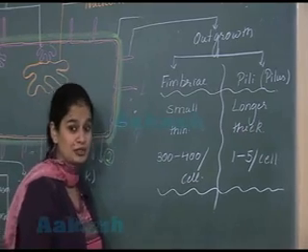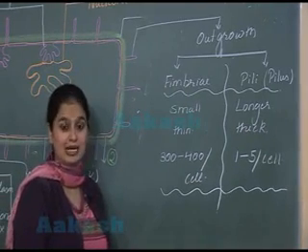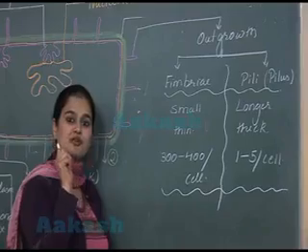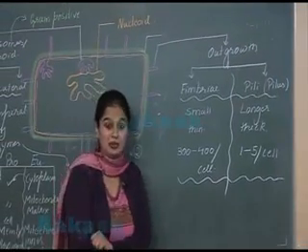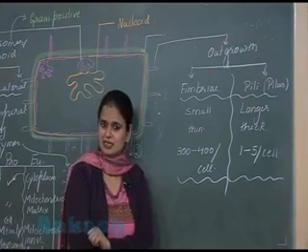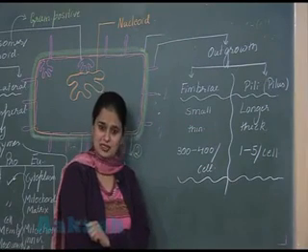But please note it down, fimbriae and pili, one common function for them is they are involved in attachment. They help in the attachment of the bacteria to different surfaces.